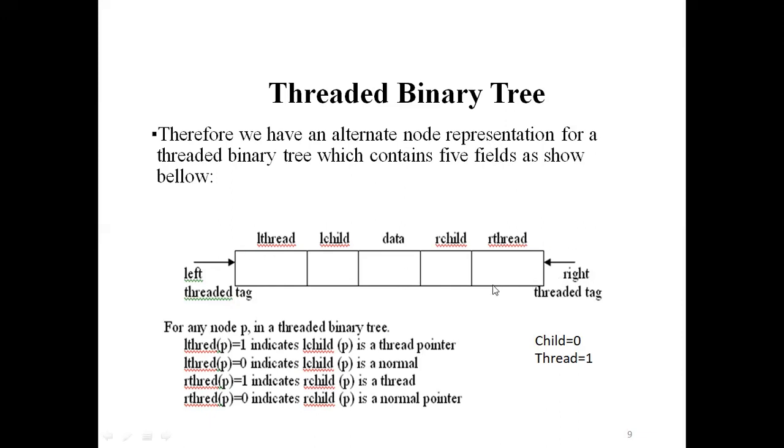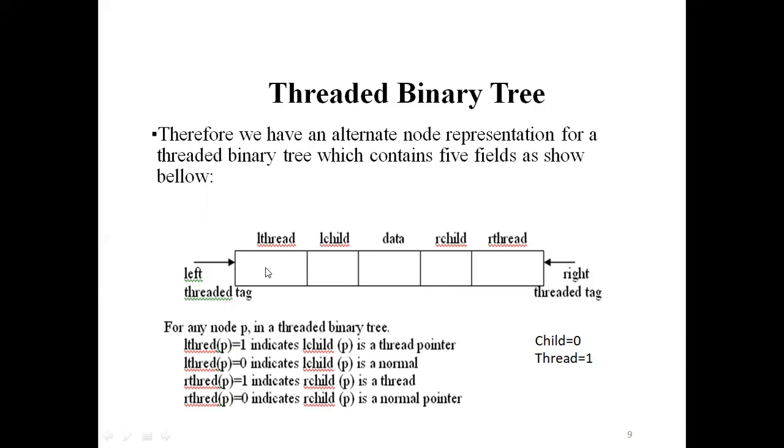This way your node structure will look like one left thread field, left child which will hold address of left child, then data field which will hold actual data, right child field will hold address of right child, and right thread field will hold either 0 or 1. So for any node P in the threaded binary tree, the left thread is 1.